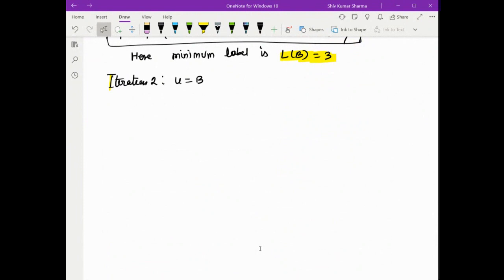So we take U equal to B, and we write L(B), the level of B, equal to 3. So T becomes T minus B. We eliminate B from the next table.